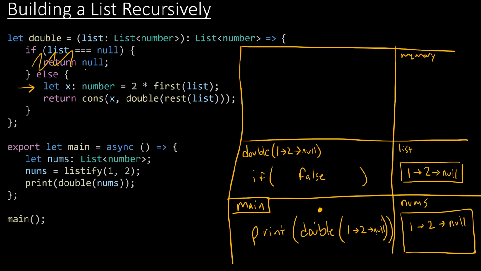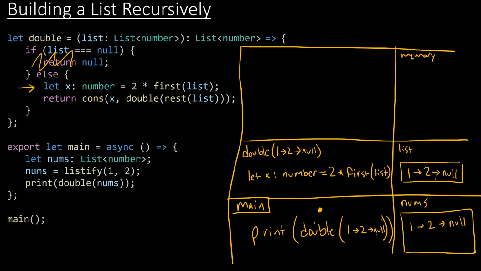So the very next line of code that we need to run in this double function is this one. We are saying let x be a number variable that is assigned the result of 2 times the first value of our list. Let's work through the right-hand side of this variable declaration and assignment statement first.